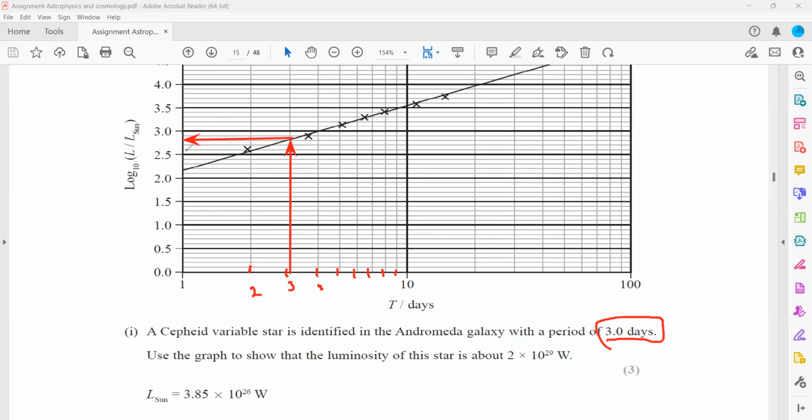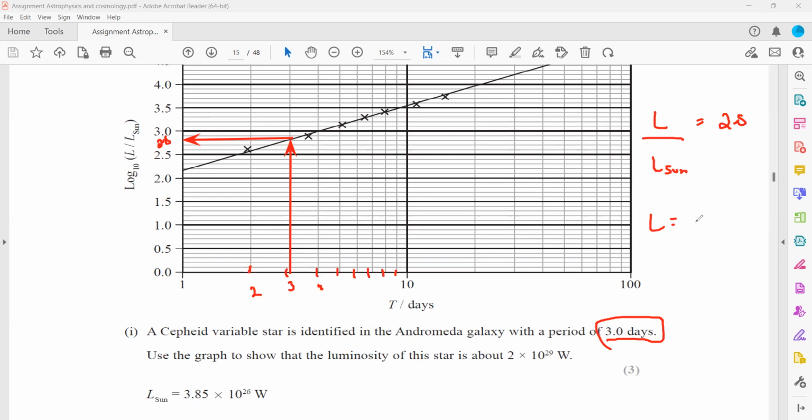Each line is representing 0.1, so 2.1, 2.2, and because there are 5 lines, 2.5, 2.6, 2.7, and 2.8. So the ratio between the luminosity of the specified variable and the luminosity of the Sun in the period of 3 days is equal to 2.8.